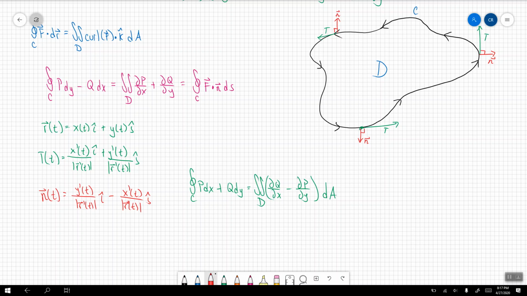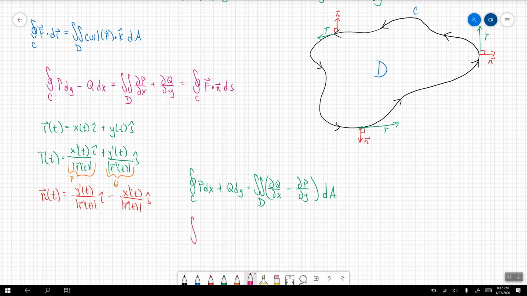If this was identified as your P value and this as your Q value, then we switched them and made one of them negative. So what does that now look like for this specific integral?